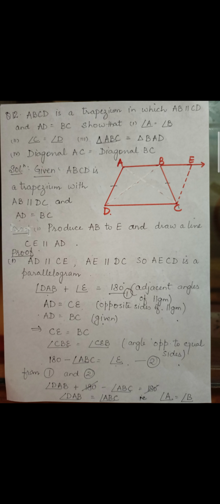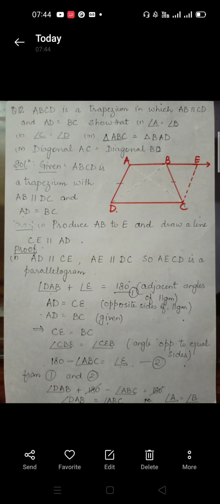So here given is ABCD is a trapezium with AB parallel to DC and AD, the non-parallel side, is equal to BC. Now we do the construction that is given in the statement as a hint.